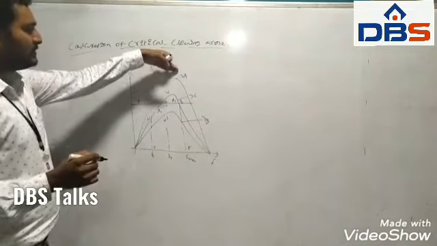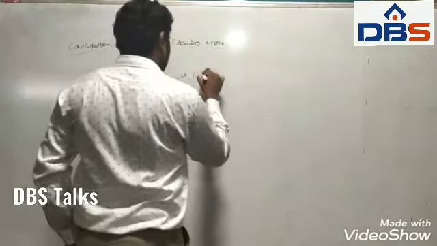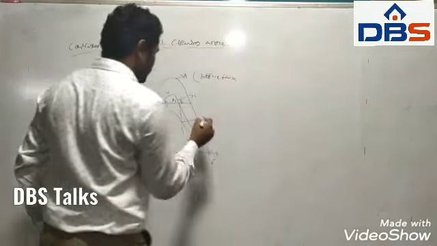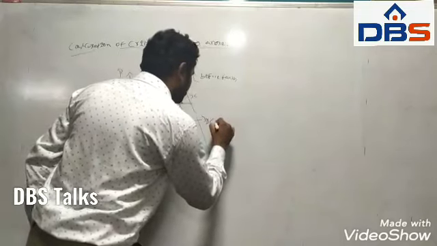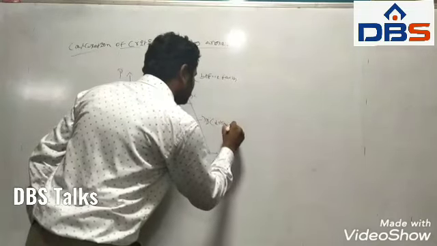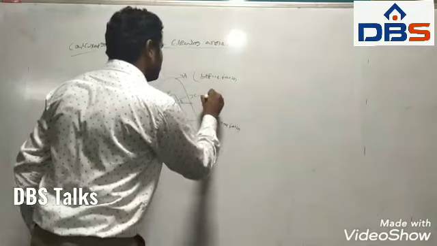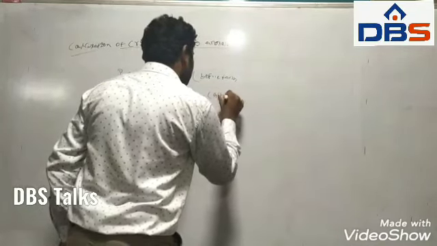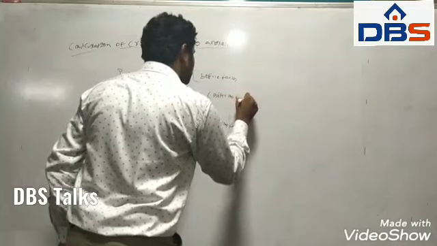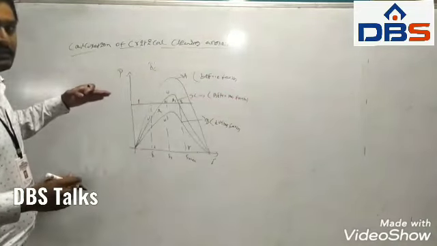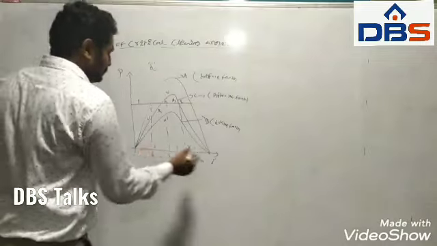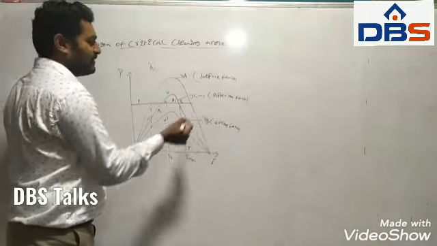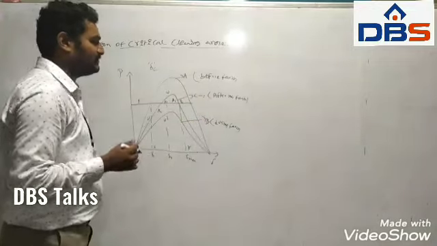A curve represents before fault, B curve represents during the fault, and C curve represents after the fault. So here A is before fault, B is during the fault and C is after the fault.